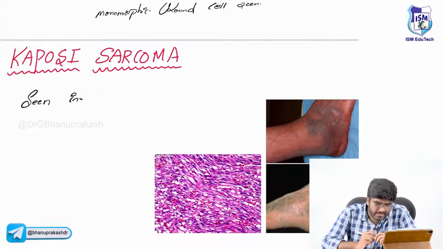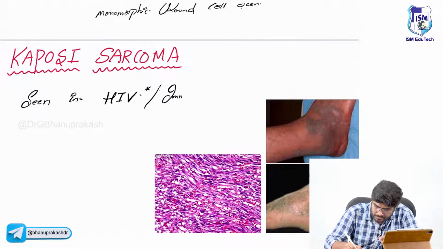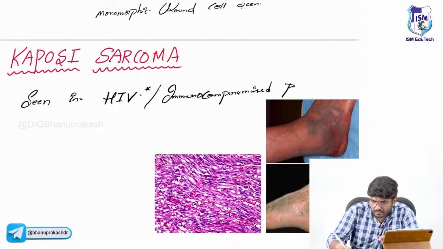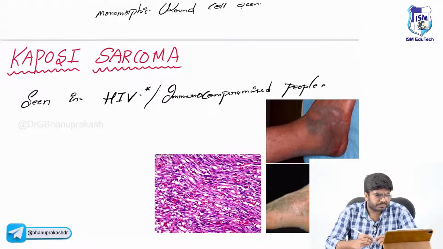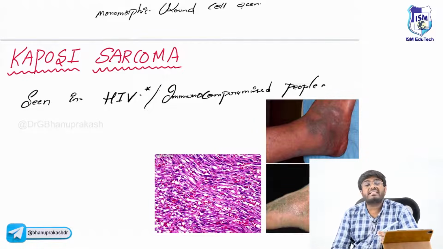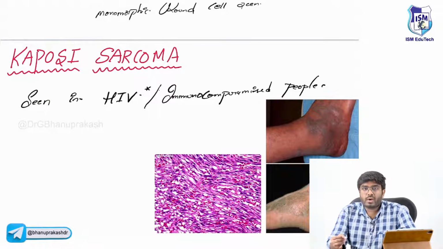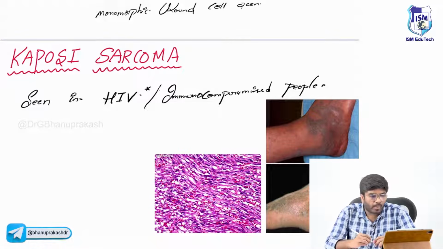It is seen in HIV or immunocompromised people. Immunocompromised patients. So these are the intermediate risk tumors which are seen in patients who are suffering with HIV or immunocompromised people.